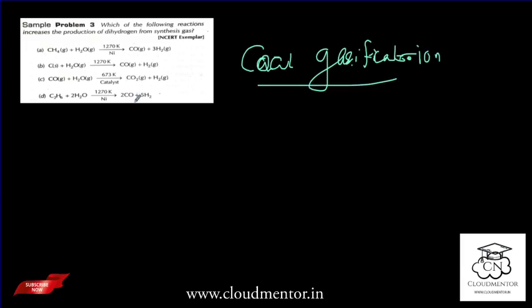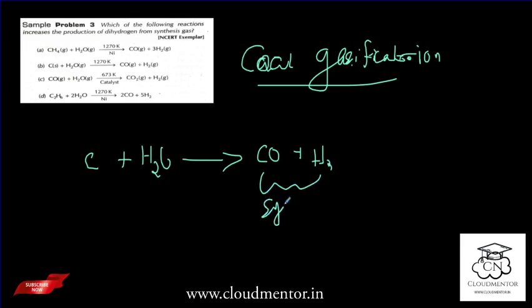And the reaction is carbon, or coal, reacts with steam, giving carbon monoxide and hydrogen, that is the syngas, in the presence of nickel at a temperature of 1270 Kelvin.